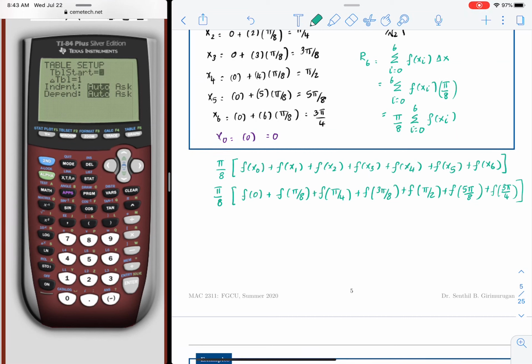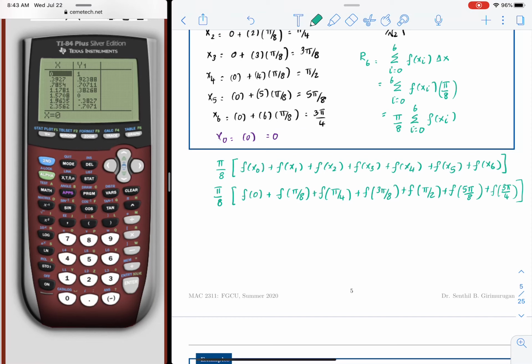We're going to start at 0. I'm going to change the independent value to be asked, or you can do delta table, which would be in our case delta x. So I will simply plug in pi divided by 8. And then we can simply press second table, and it is going to evaluate the values that we need.